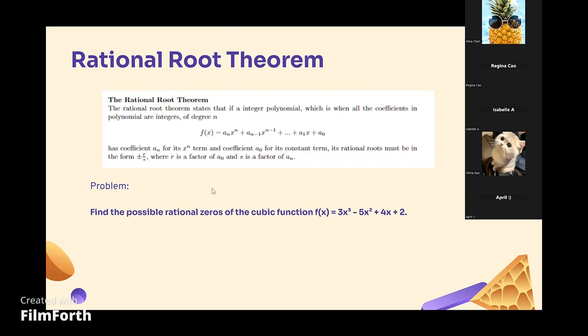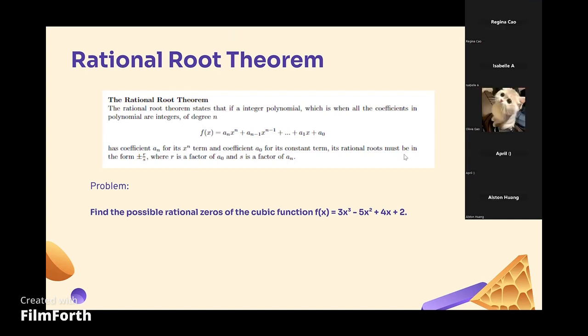That just limits the number of inputs we have to try for x to see if we get 0. That's why it can be really useful, because it tells us what the possibilities are and which ones definitely won't work.